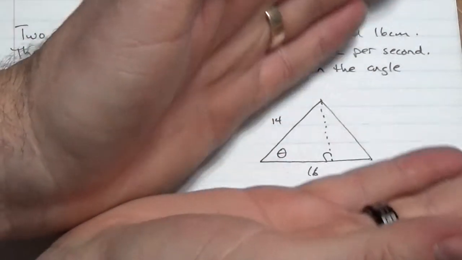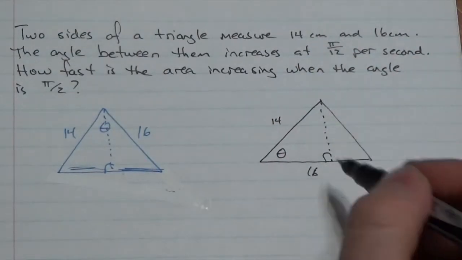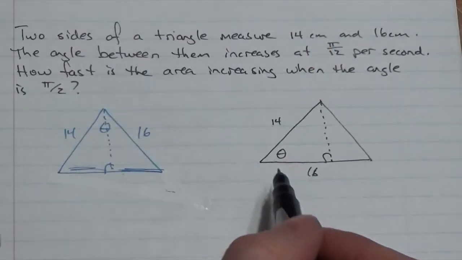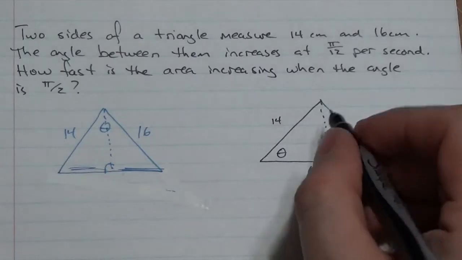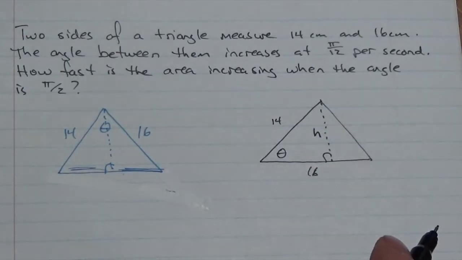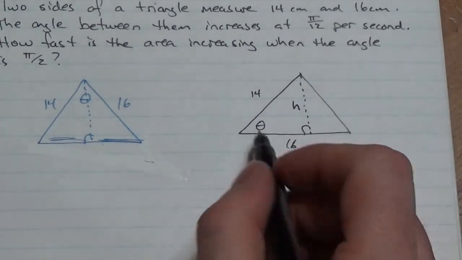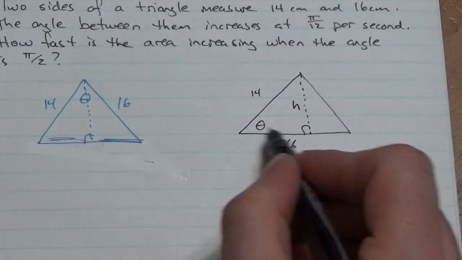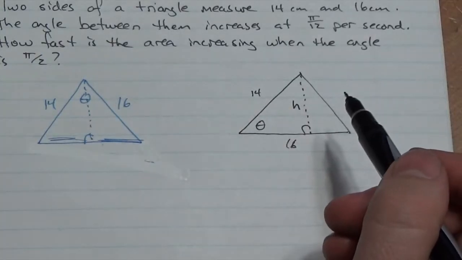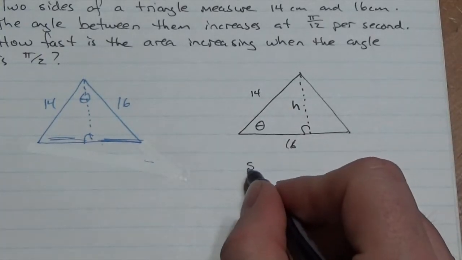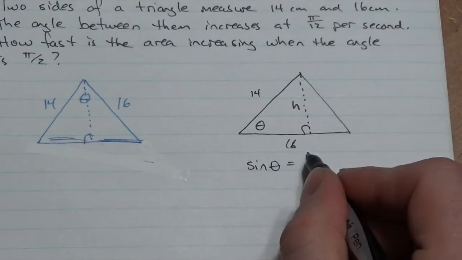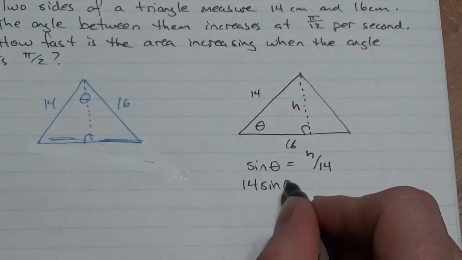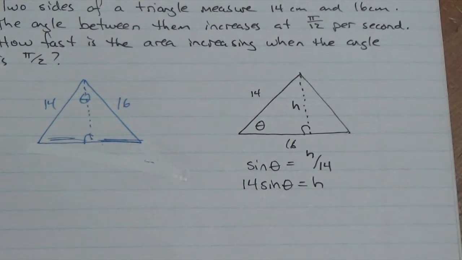When the angle changes, the altitude is going to change, but in relation to the change of that theta. So let h be the height or altitude of that triangle. Bear in mind the 16 is not actually a side in that right angle triangle, but the 14 is. And so I know that the sine of theta will equal h over 14, or in other words, 14 sine of theta is equal to h.